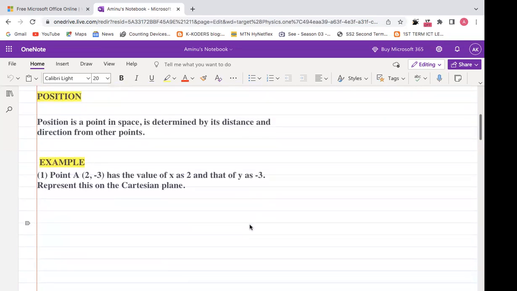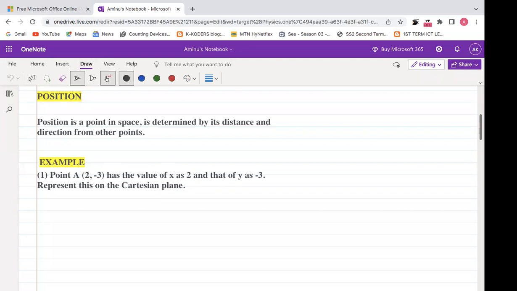We have an example here that says a point A has the following coordinates: 2, minus 3. So x has the value of 2, and y has the value of minus 3. If we are going to represent this on a Cartesian plane, we're going to have this.